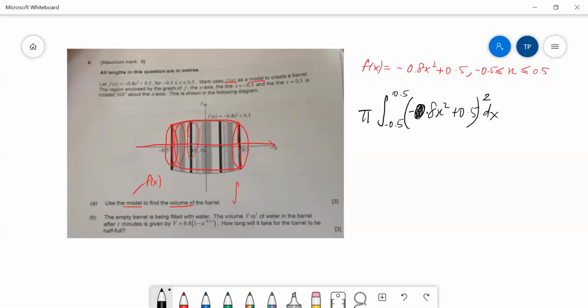And then for the next part. The empty barrel is being filled with water. The volume V of the water in the barrel after t minutes is given by this.